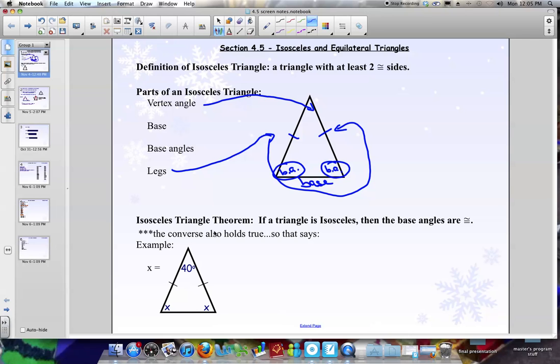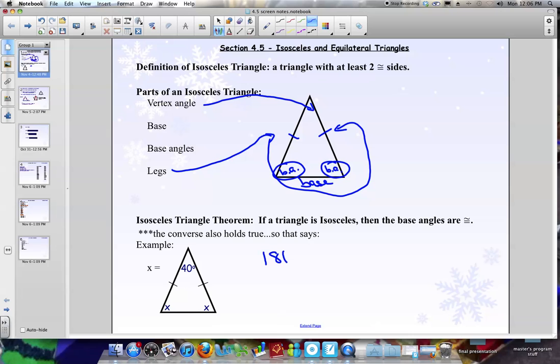An example of using the isosceles triangle theorem would be a problem like this. We know it's an isosceles triangle because the tick marks show us our legs are congruent, which means the angles that sit across from those legs are our base angles, and our base angles have to be congruent. So to solve this problem, we know that our vertex angle is 40 degrees, so our base angles have to make up the 180 degrees in the triangle.